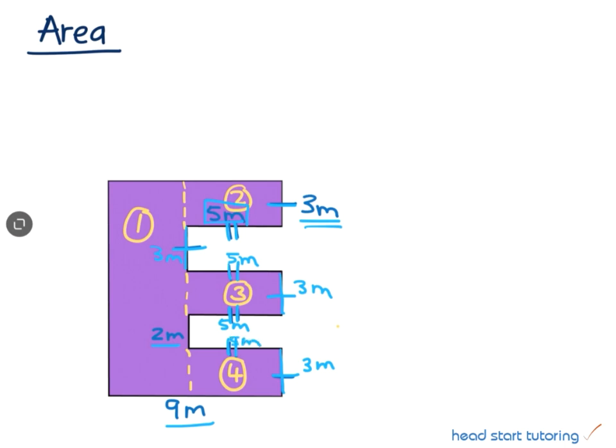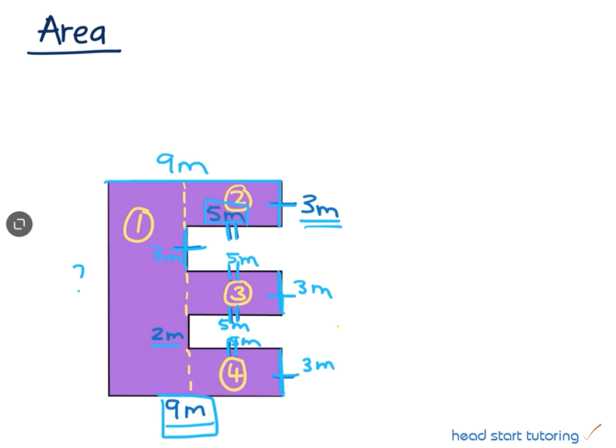Right, so we've now got all these sides on the one side of the E where our arms are, and what we now need to do is figure out what this horizontal line there is. Because we've got 9 meters at the bottom here, we know that this top will also be 9 meters. Now we need to figure out what this side is going to be. So we work with our vertical lines. We work with our 3 meters there, 3 meters there, 3 meters there.